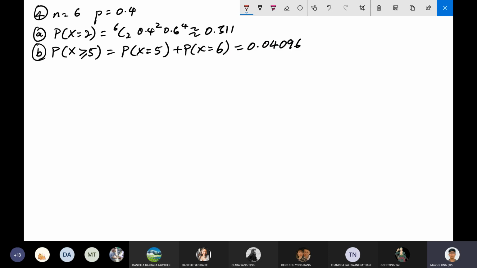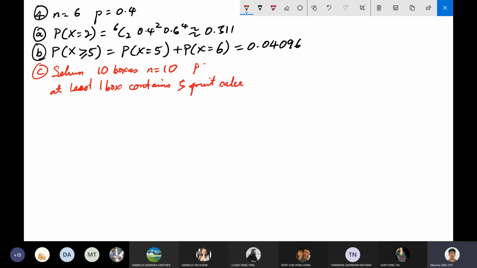Then we come to the next problem, which is C. Sehun bought 10 boxes. So now n equals 10. What is the probability that at least one box contains at least 5 fruitcakes?